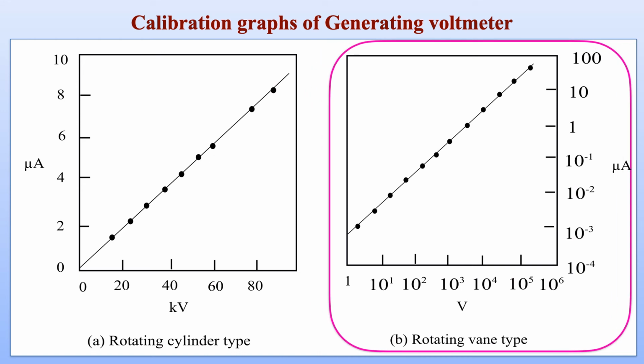And on the right hand side we can see the calibration curve for the rotating vane type. This is the type which we have also reflected in our study in the diagrams above.